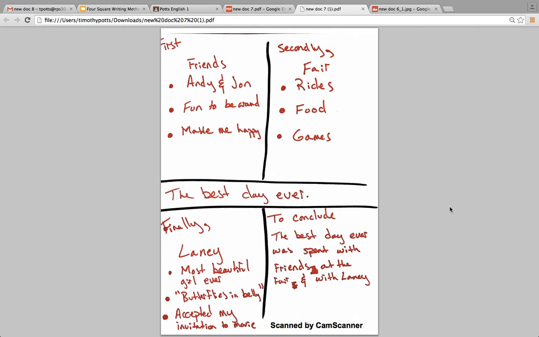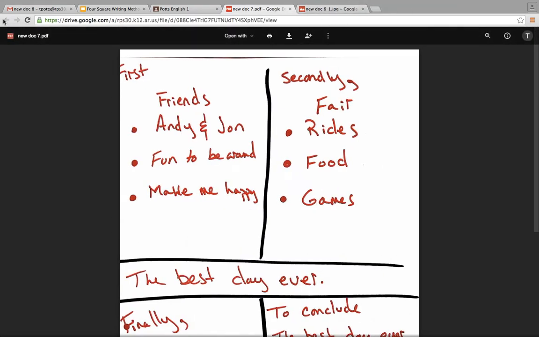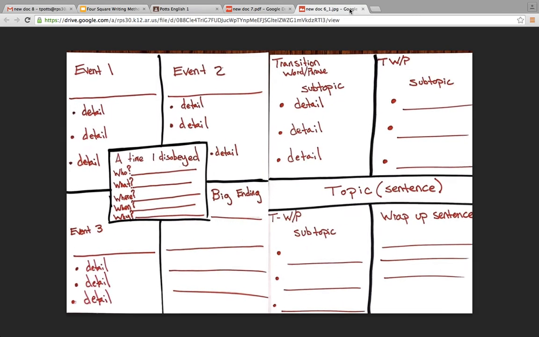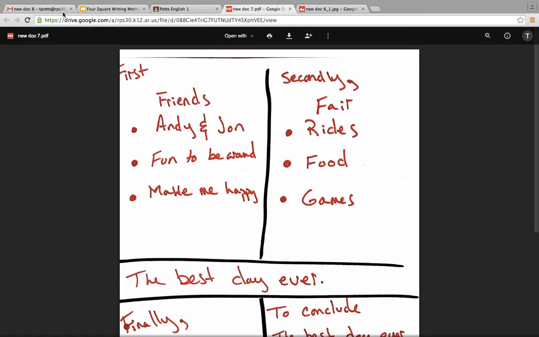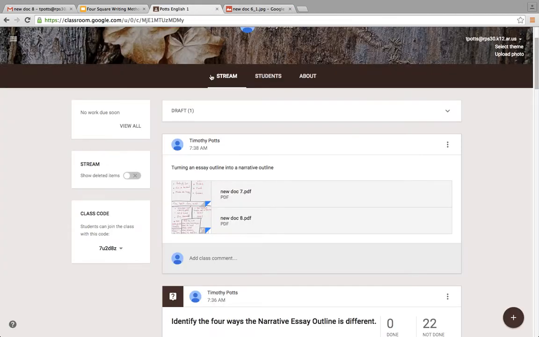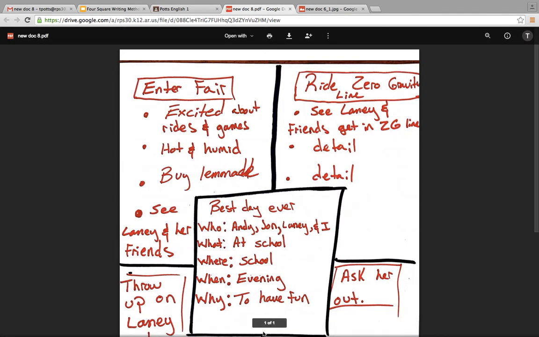Now, this kind of topic would probably sound better if it were a narrative. So now what we're going to do is translate this into a narrative format. If you go back and look at the other outline that I posted, this one uses the exact same information, but it puts it in a narrative outline.